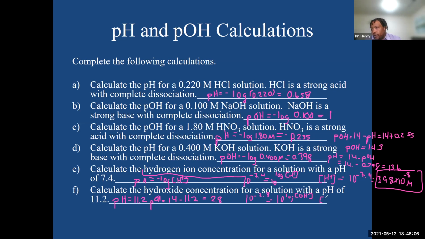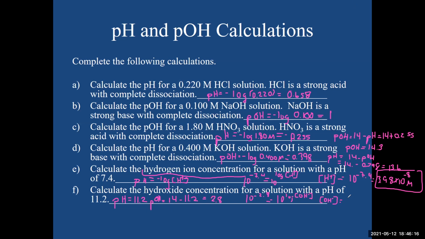So the concentration of OH equals... You got 0.002. I got 1.58 times 10 to the negative third. Wait, what? 10 raised to the negative 2.8 power, right? Yep.